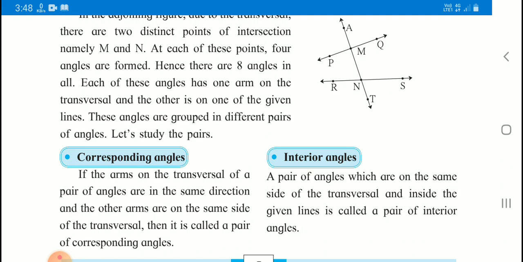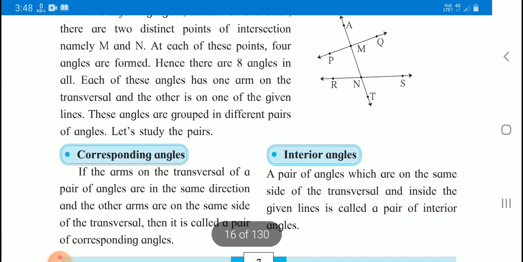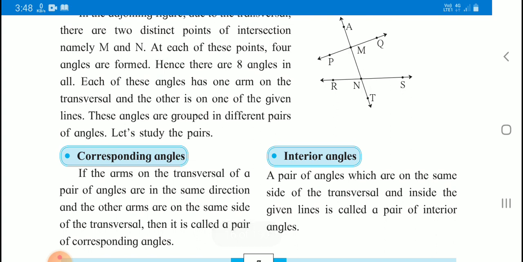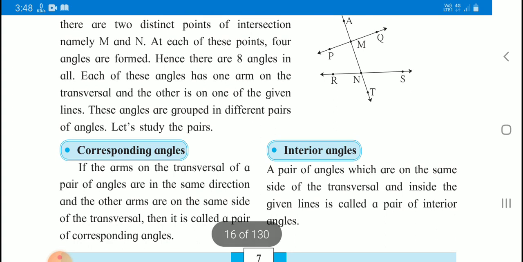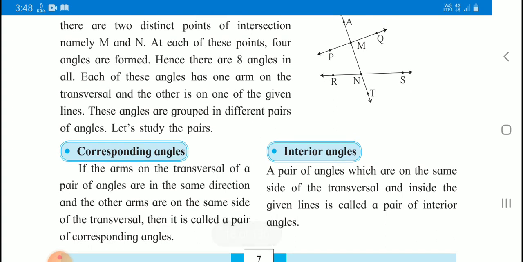In the same way we'll get the angles near the point N. These angles are MNR or MNS, as well as the remaining two angles are TNR or RNT, you can say, SNT or TNS.